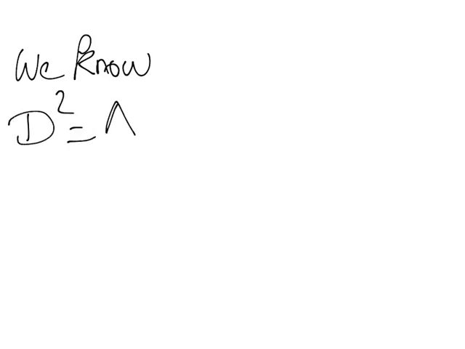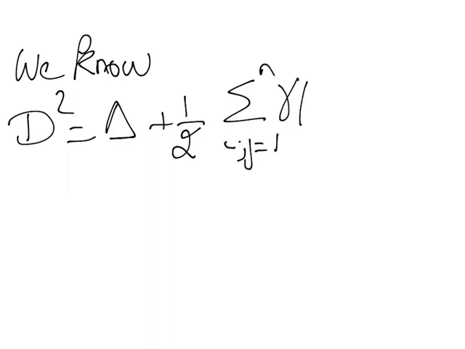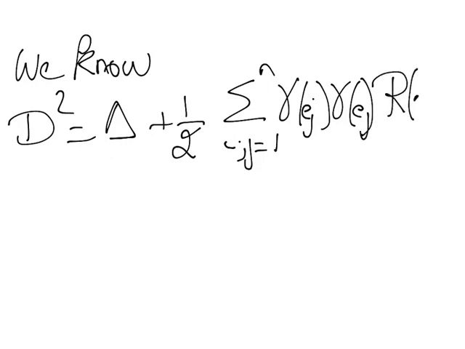And hence, if you remember, yesterday we proved that D squared and the Laplacian have the same principal symbol, and we proved that D squared is the Laplacian plus 1 over 2 sum over i, j from 1 to n of gamma e_i gamma e_j, the spinorial curvature R e_i e_j.